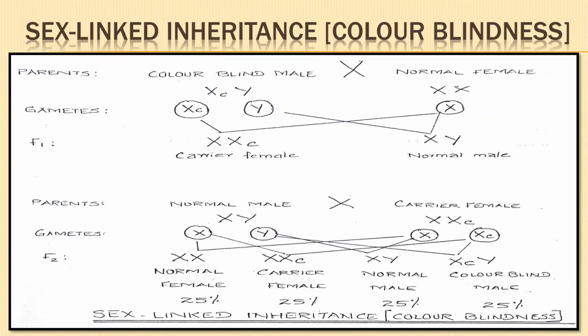Now, if a carrier female marries a normal male, all daughters are normal or carriers, but half the number of sons are normal and other sons are color blind. Color blindness is a good example of criss-cross inheritance.